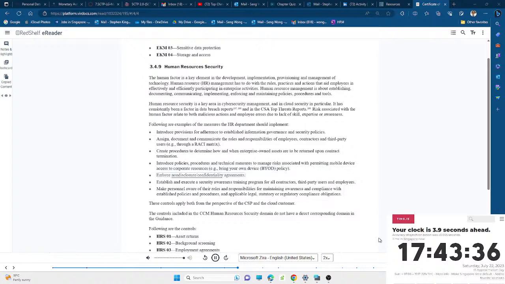Enforce non-disclosure/confidentiality agreements. Establish and execute a security awareness training program for all contractors, third-party users, and employees.